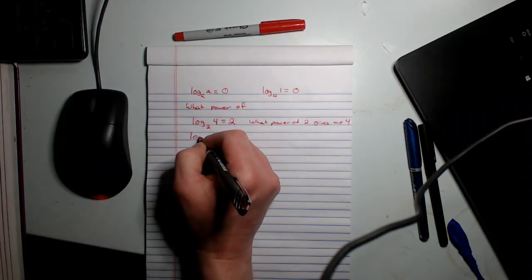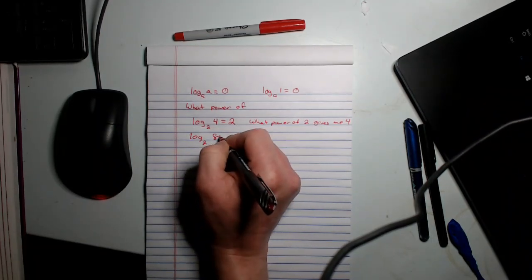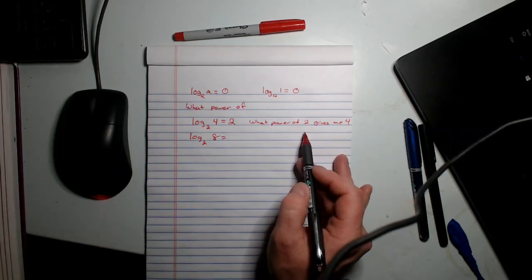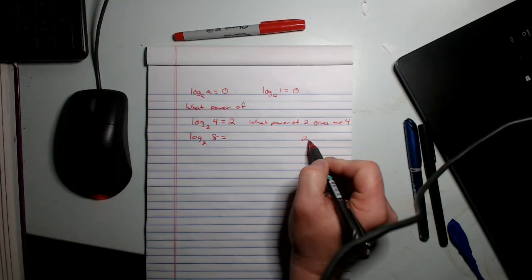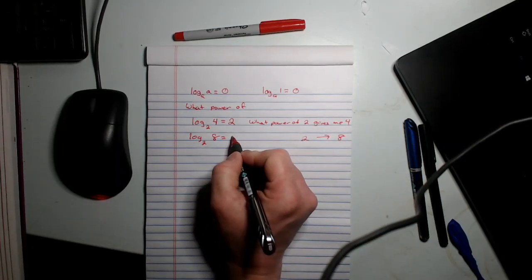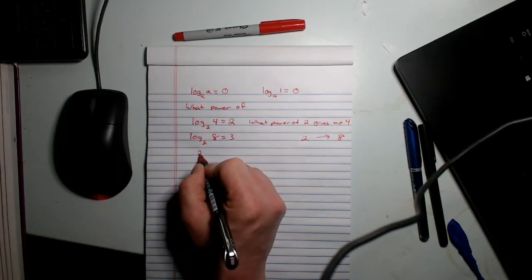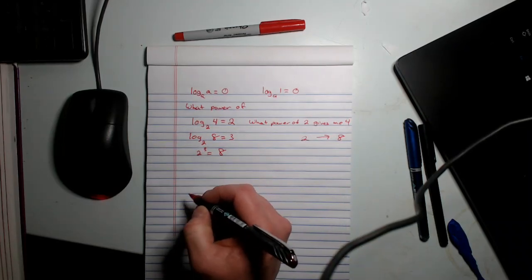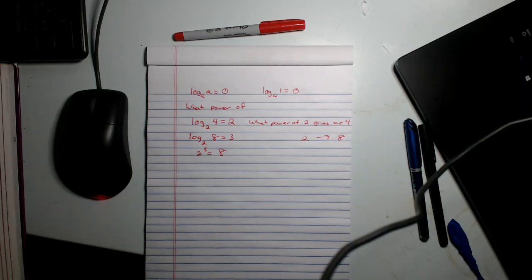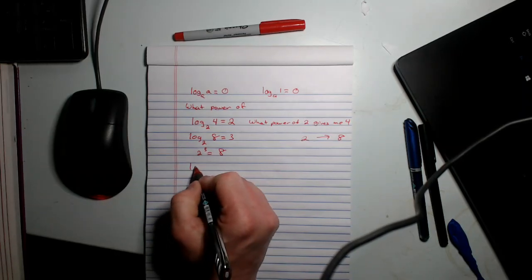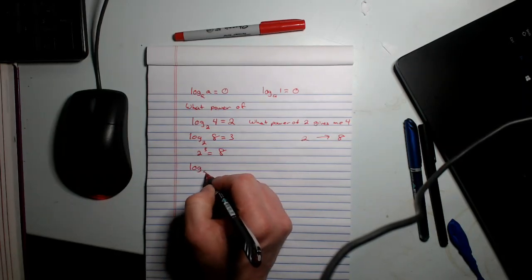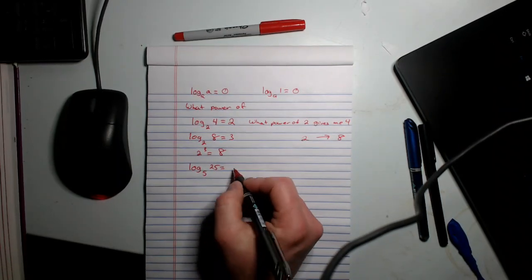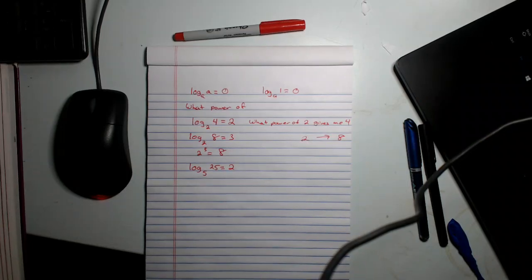If I looked at log base 2 of 8 and I asked myself, what power of 2 gives me 8? That would be the third power, because we know that 2 to the third power is equal to 8. And you can do all logarithms like this as long as they're nicely built. For example, if I had log base 5 of 25, I can ask what power of 5 gives me 25? And that would be the second power.